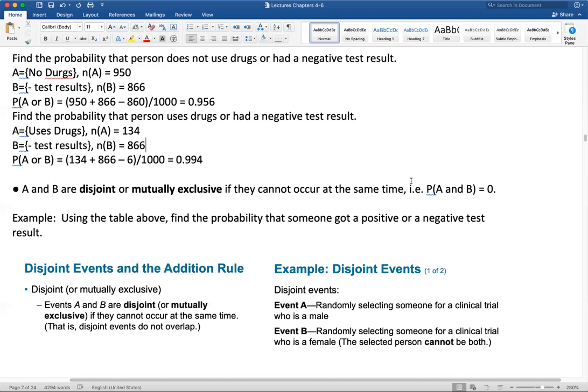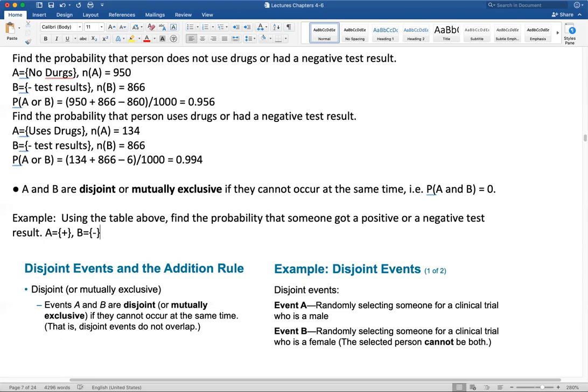Example, using the table above, find the probability that someone got a positive or a negative test result. Let A be the positive test result, and let B be the negative test result.